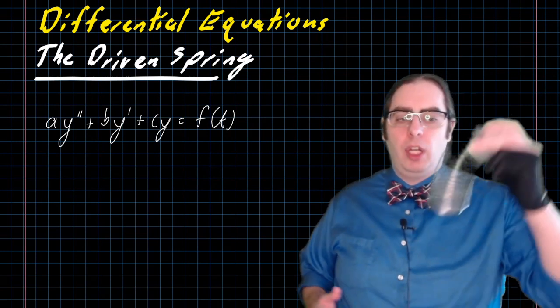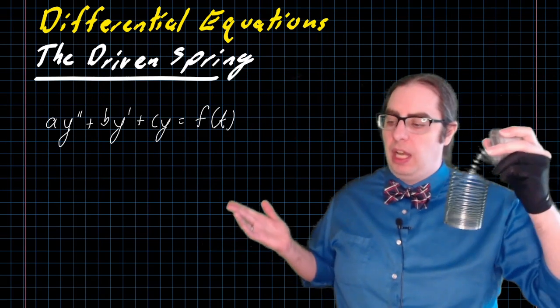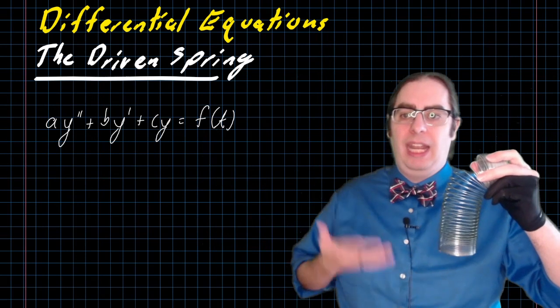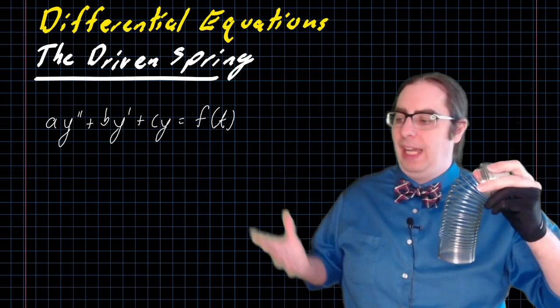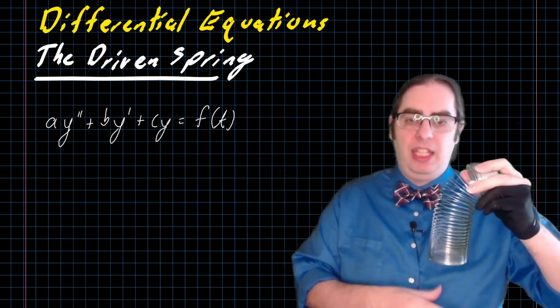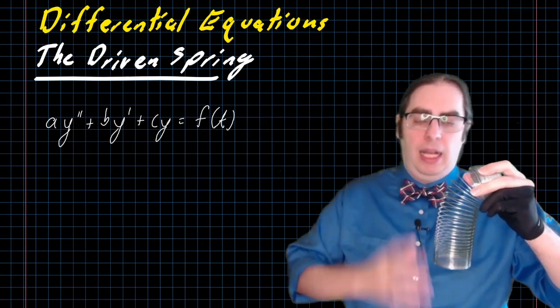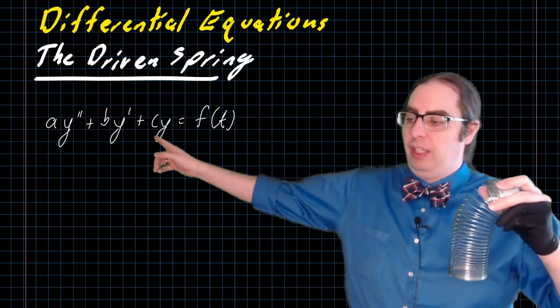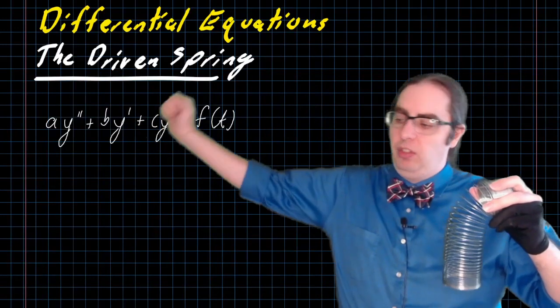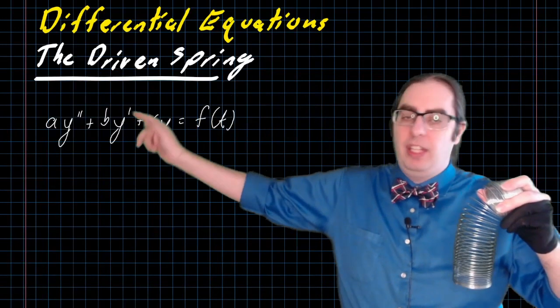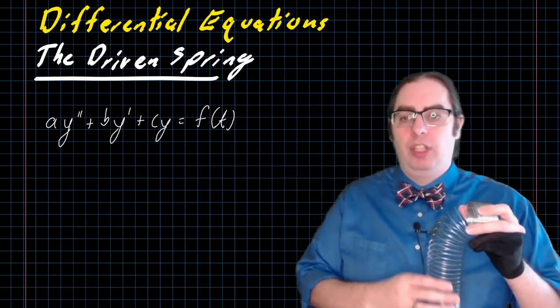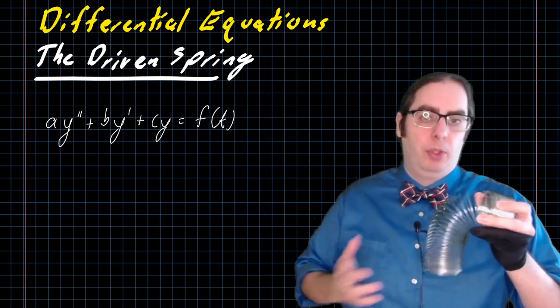I've talked several times about the relationship between the second order differential equation and the spring. If we have a spring with a mass at the end, the spring constant k is related to our c, the mass is our a, and we can set up that b as a drag force if we put the spring into a liquid or something like that.